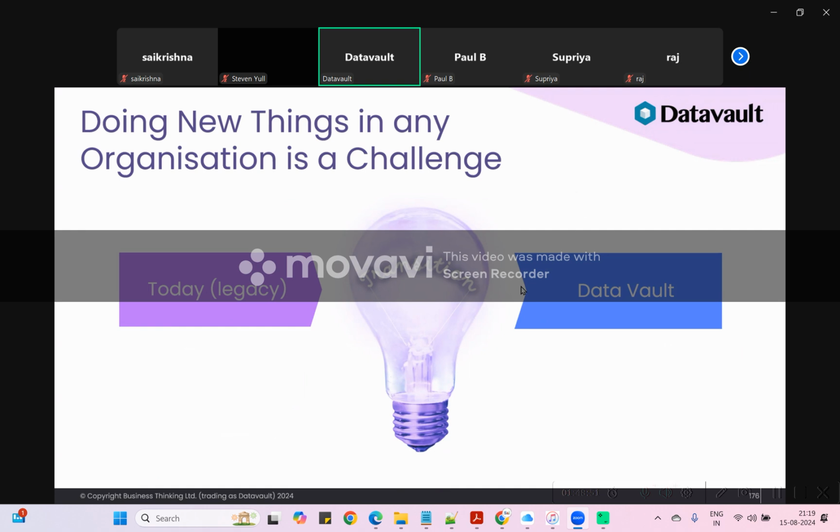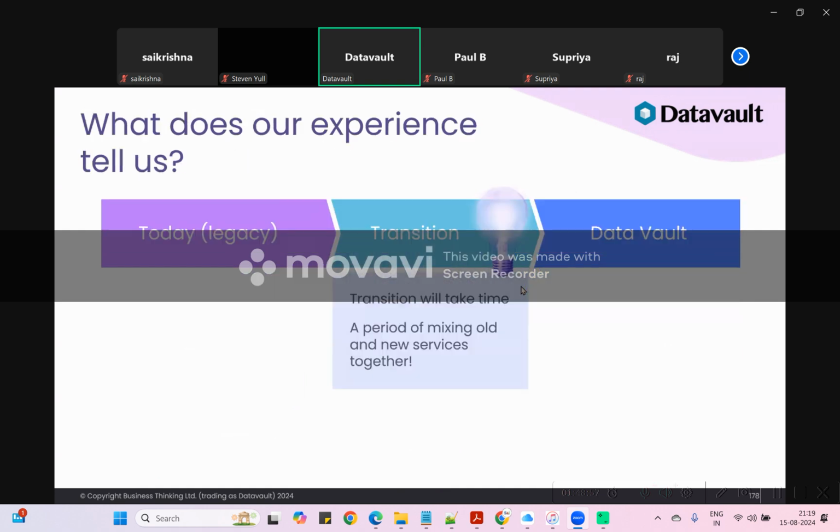So how do we do that? It's not going to be an instantaneous process. That transition is going to take time. It's a period where we're going to have both the old and the new services running together. In fact, that'd probably be a normal state for a long time.